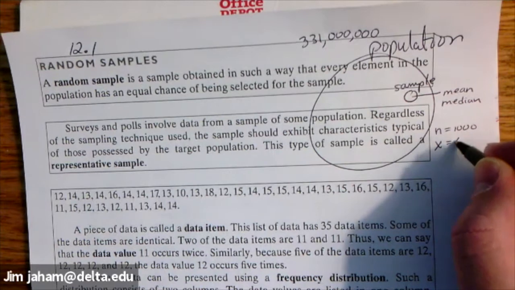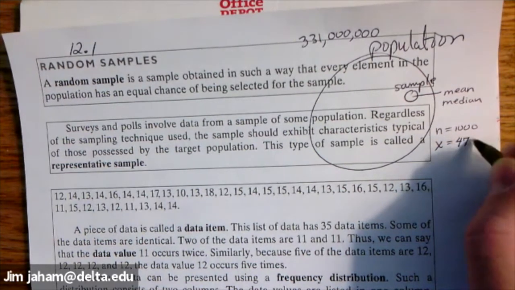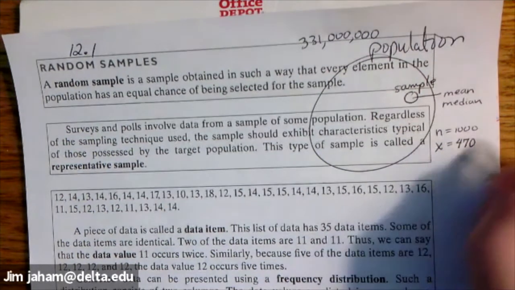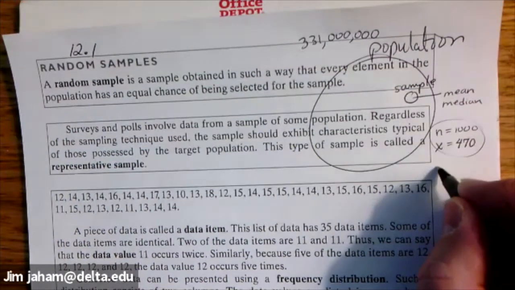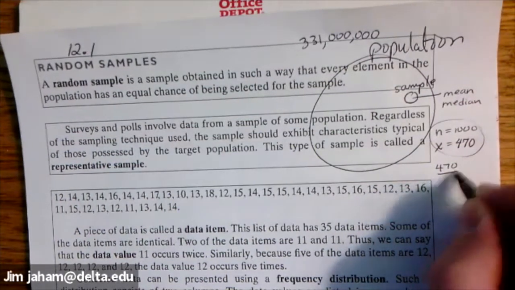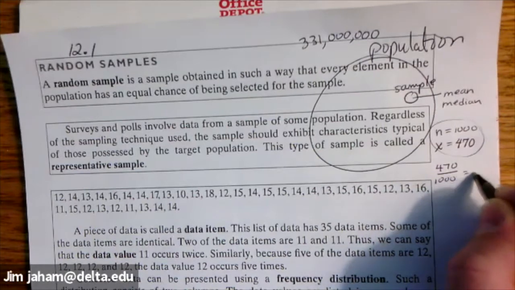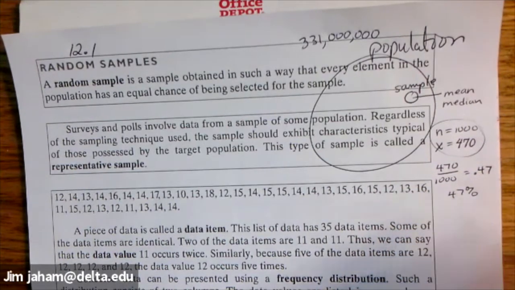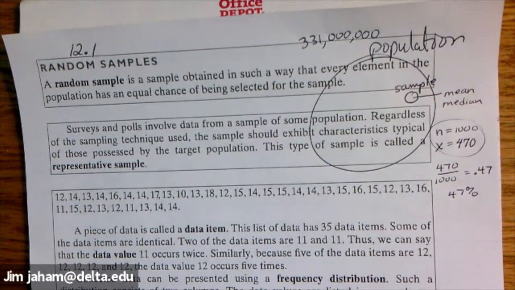Let's say that 470 people say that they're going to vote for Donald Trump. Well, this is just from a small sample, we would take the 470 and divide by 1,000, and that would be 0.47. And then we would say, based on this survey, 47% plan to vote for Donald Trump.